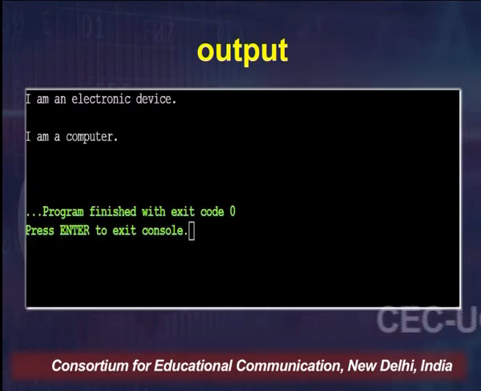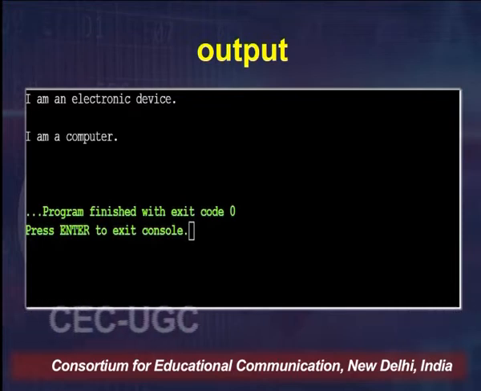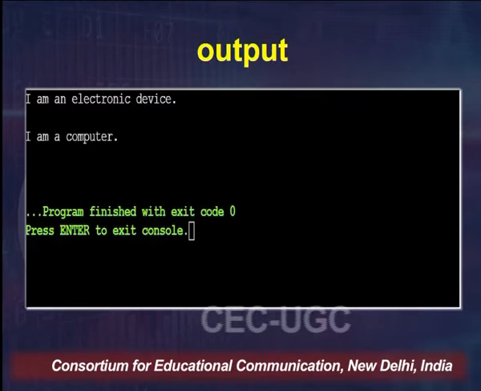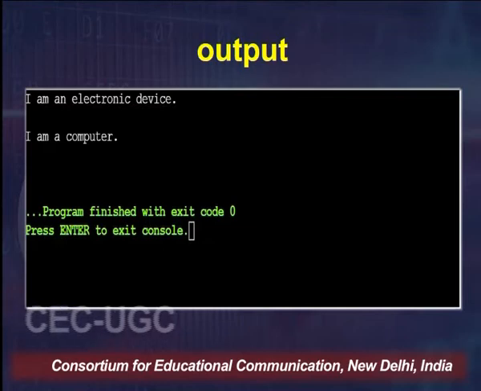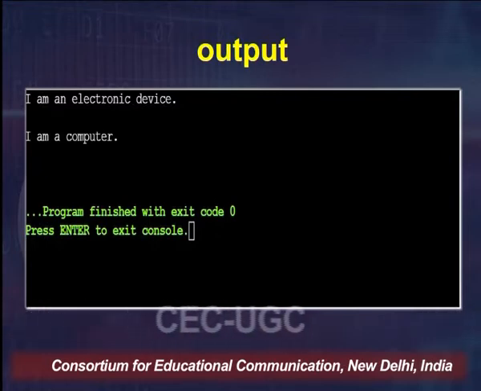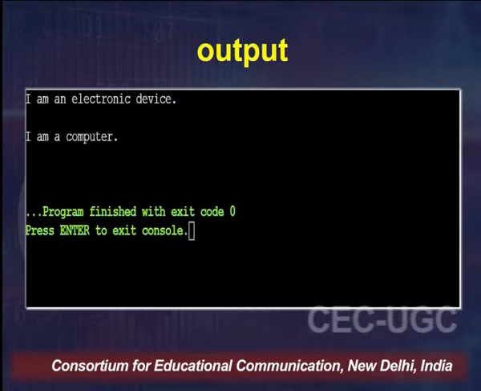So in this example we have seen the scenario of single inheritance, in which there was a base class and a derived class, and whenever we are inheriting the base class in public visibility mode, all the public members of the base class will be taken as the public members of the derived class, as a result of which whenever we are saying computer OBJ, that means we are creating an object of the derived class.